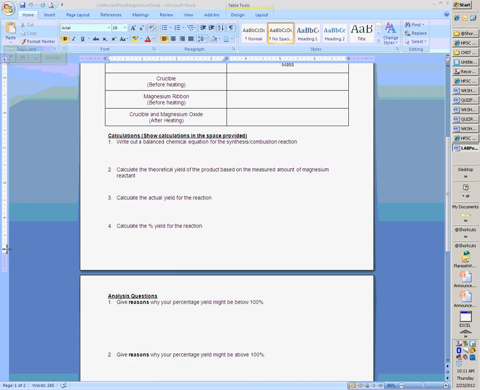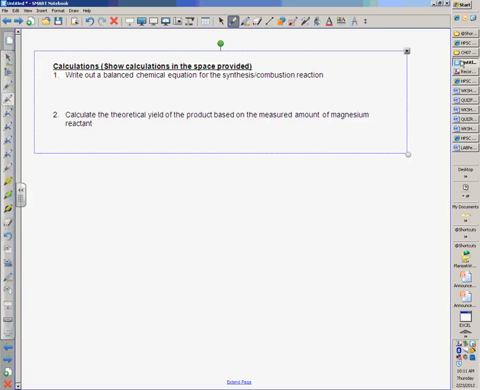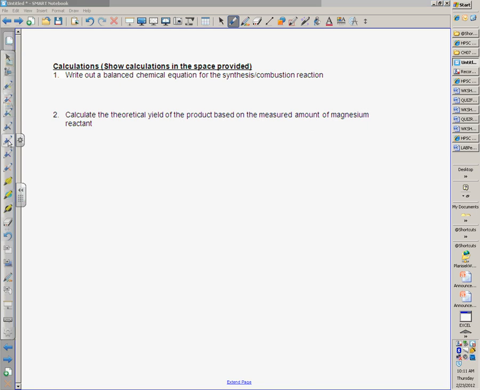So if it was silver, it would be the grams of silver. And on top would be the element you're trying to change to. No, not first. That's not your first conversion factor.